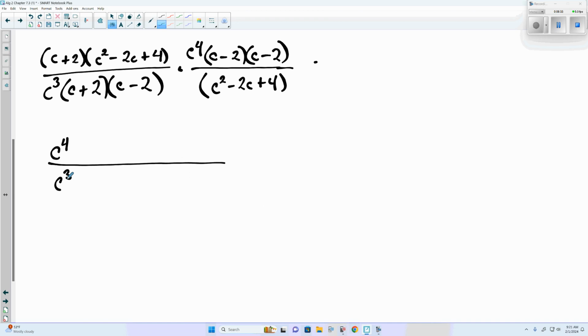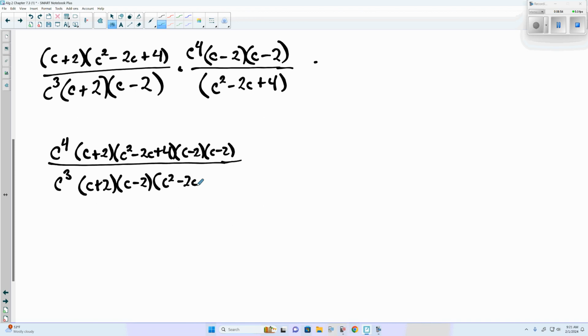So our c to the fourth and c to the third go up front. In the numerator we have c plus 2, and we have c squared minus 2c plus 4, and c minus 2 and c minus 2. In the denominator we have c plus 2, c minus 2, and c squared minus 2c plus 4.